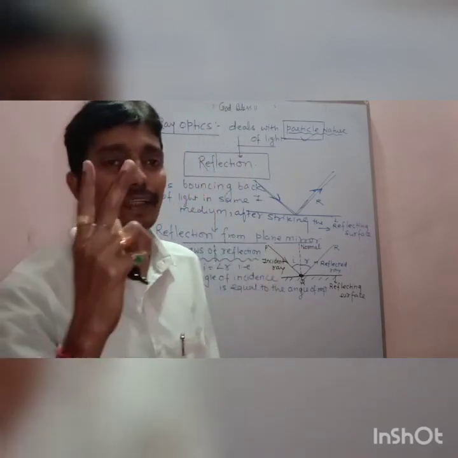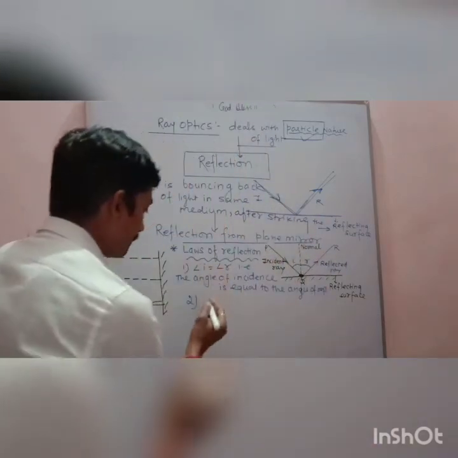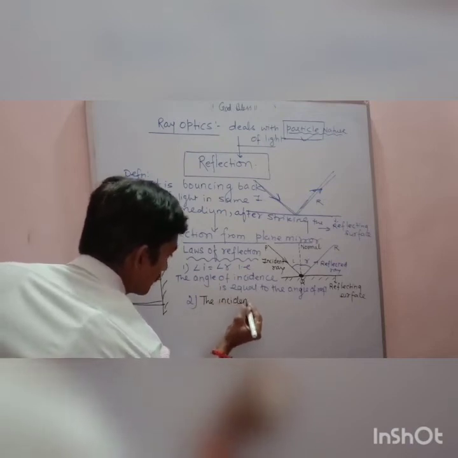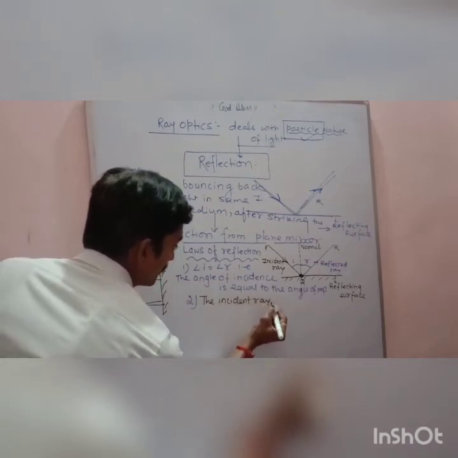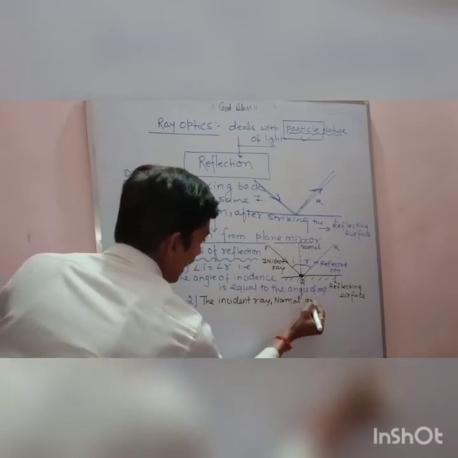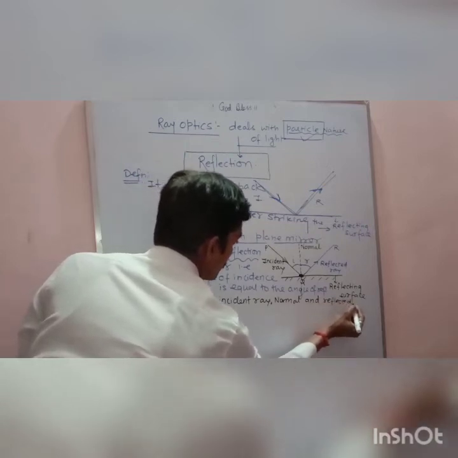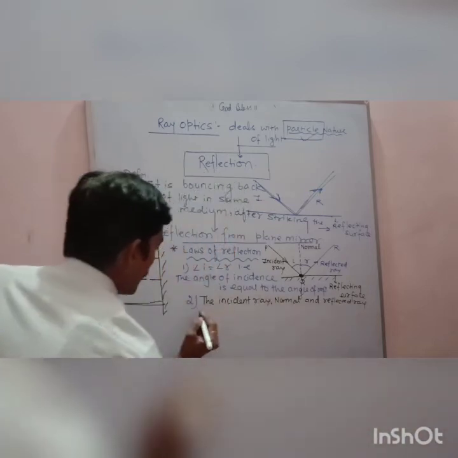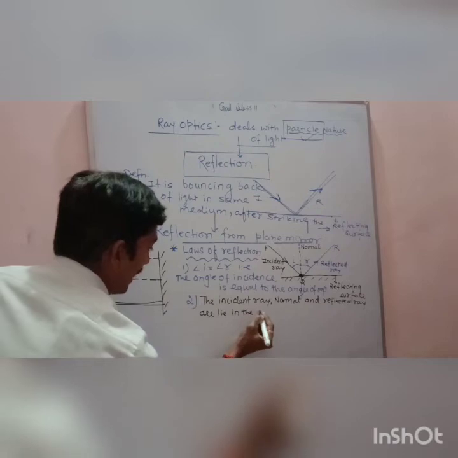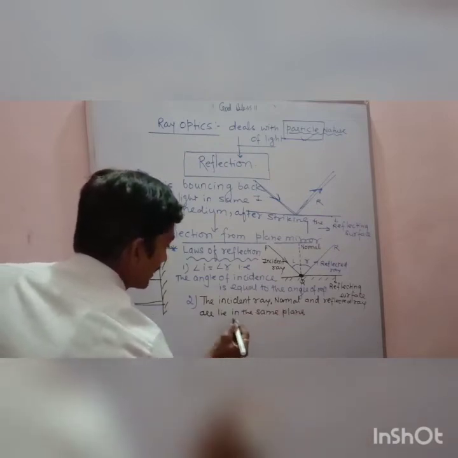And therefore, in the second law, when you write the law for reflection, second point, we write this way: the incident ray, normal and reflected ray lie in the same plane.